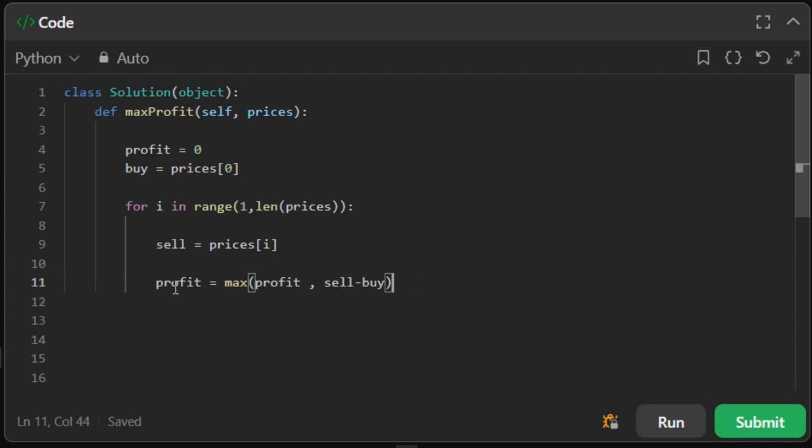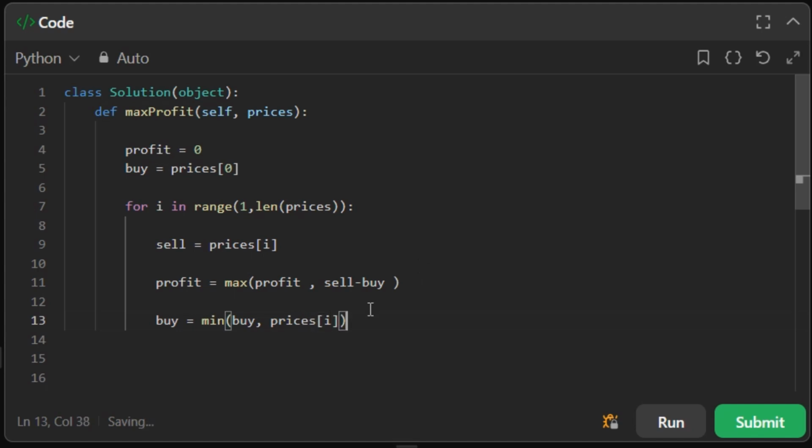The maximum possible profit till the ith day would be the maximum of my previous profit till that day and the selling price minus the minimum buying price for the ith day. Cool. Now once that is done, we will update our minimum buying price by taking the minimum between the current buying price and the current stock price.